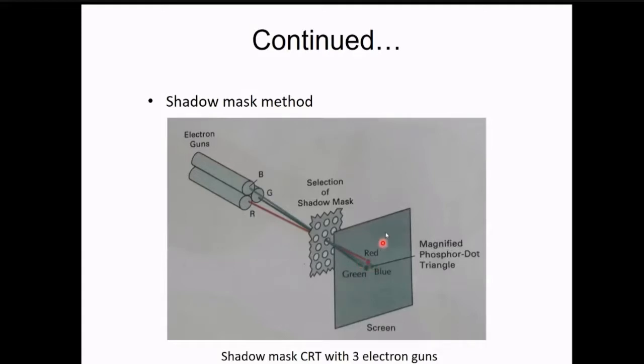Suppose the pixel information says you have to display something at this pixel. It will focus on this pixel with these three colors and adjust the intensity of each. Once you have the intensity of each color, you'll be able to produce multiple colors, which you already know because it is the basic fundamental of coloring techniques.